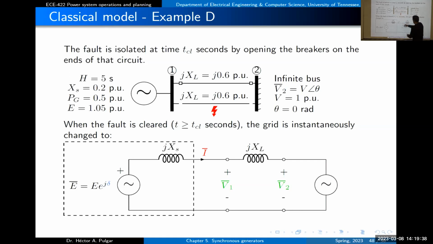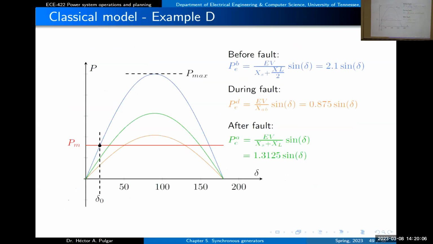By doing that, now the line just behaves like the first circuit. So the total impedance is going to be jXL. This is 0.6. This is not as the previous case where the impedance was j0.3. This is twice that value, but still it's better than not having an energized synchronous machine.